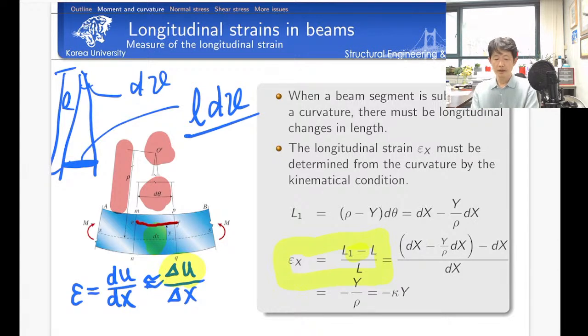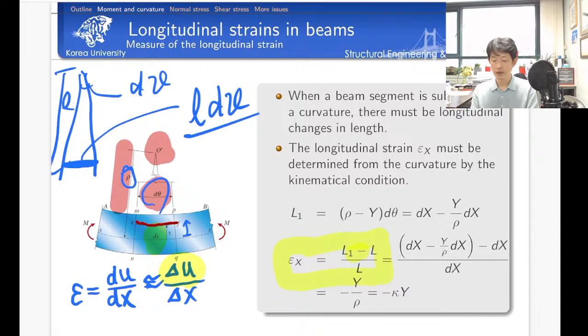The d theta is already given in our consideration. Then we need to measure the length of these red fibers. The radius of curvature is measured to the reference axis, and the fiber's position is defined from the reference axis by the y coordinate.